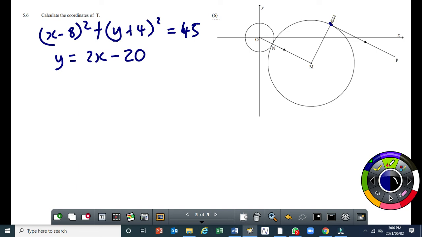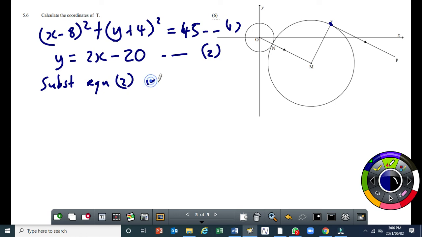So this would be my equation 1, and that would be my equation 2. So we substitute equation 2 into equation 1. There's no other way that you can find the coordinate of T except by using the knowledge of simultaneous equations.